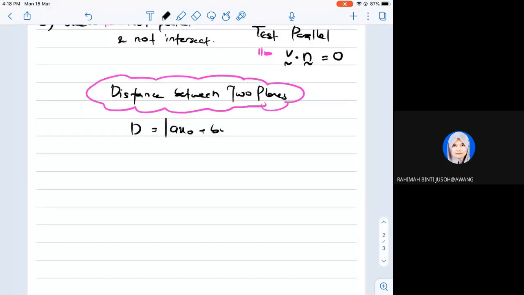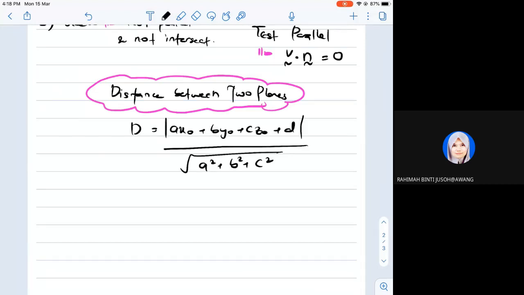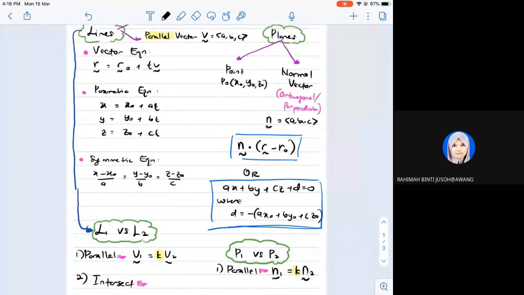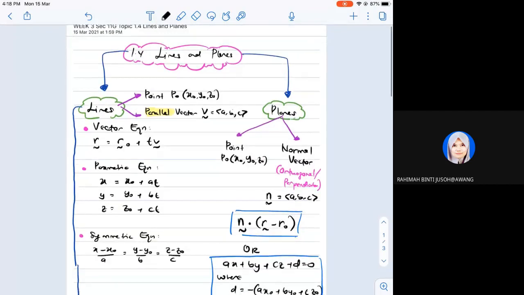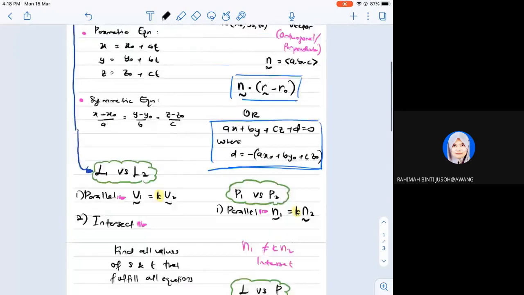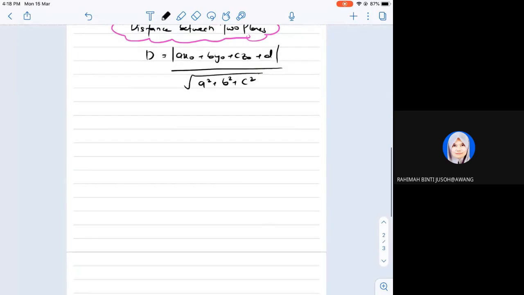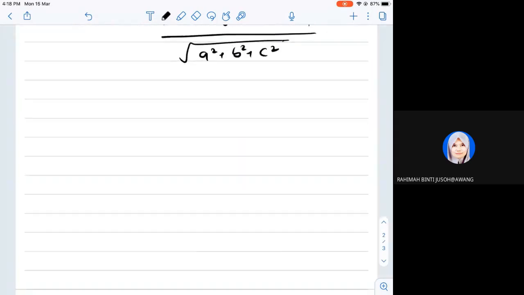Ax0 plus By0 plus Cz0 plus D, divided by square root of A squared plus B squared plus C squared. Macam tu. So this is the summary of subtopic 1.4. Saya buat satu mind map untuk summary dia ni lah. Okay guys, so now let's take a look at exercise 1.4.